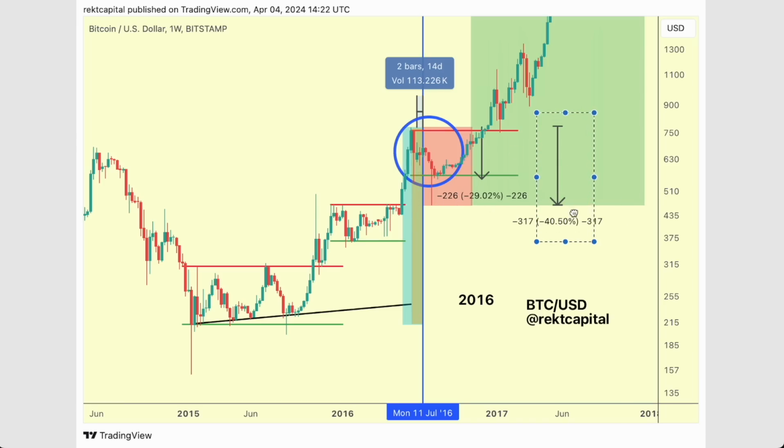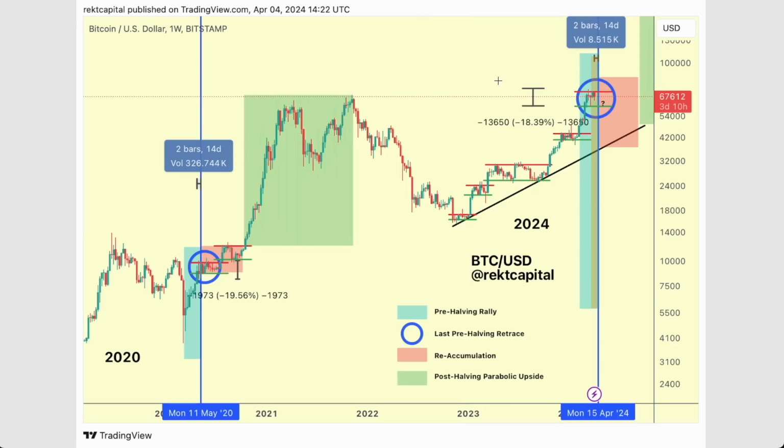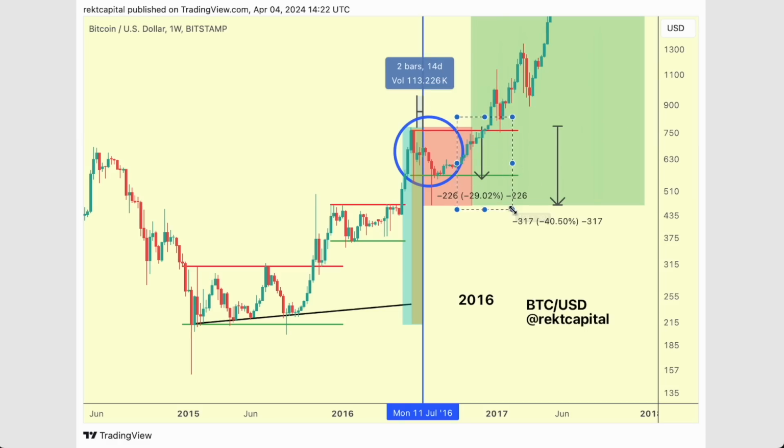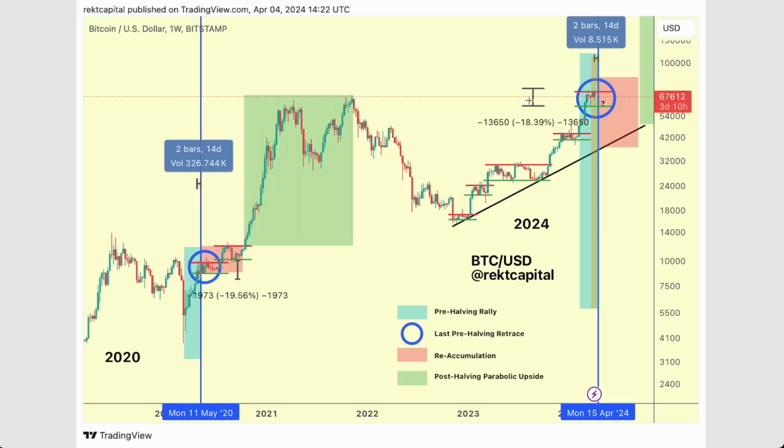And I'm saying, or at least I said in the previous video, that we're not going to see a 40% downside. We're probably going to stay around the 18%, 20% region. If we're lucky, we get 25%, getting us closer to this 29% in 2016. But generally, we're very, very close to the pre-halving retrace bottom, if not slowly going to get there.